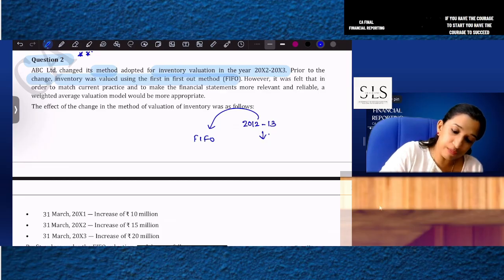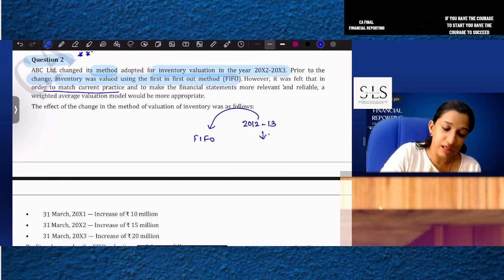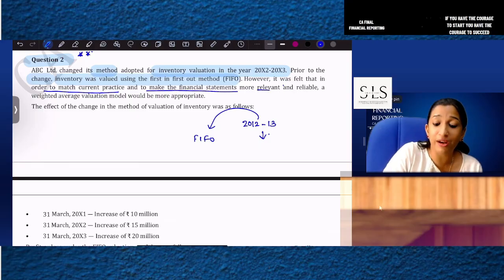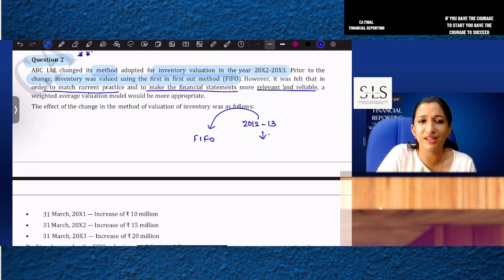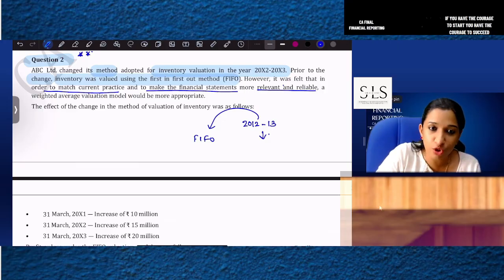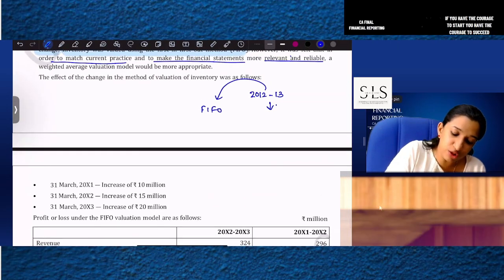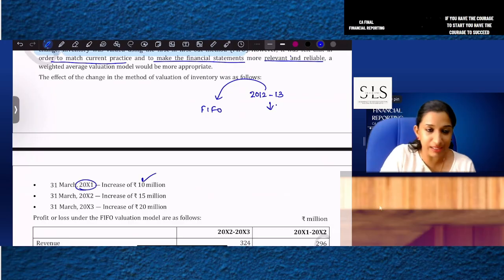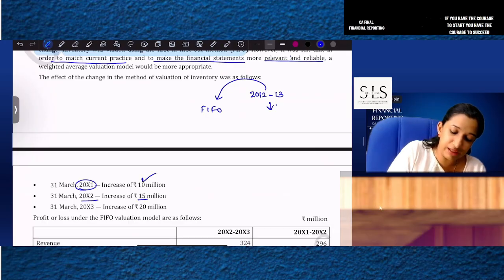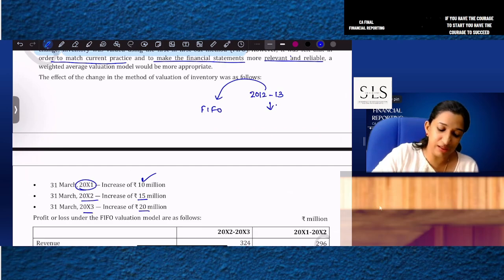Now, however, it was felt that in order to match the current practice and to make financial statements more relevant and reliable, voluntarily the company decided to change to the weighted average cost method. Okay, fine. So on 31st March 2011, based on the new method, 10 million; 12, 15 million; 13, 20 million.